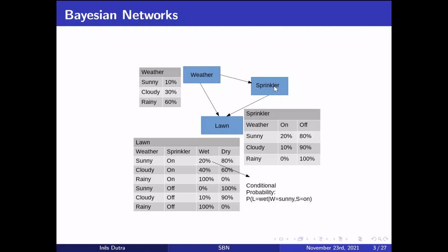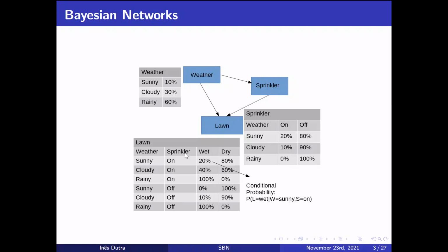Of course, each one of these random variables is observed and can take values, right? And these values can be measured. I mean, these measurements that I can have here in these tables can come from several different sources. It can come from experience. It can come from observation. It can come from the literature.